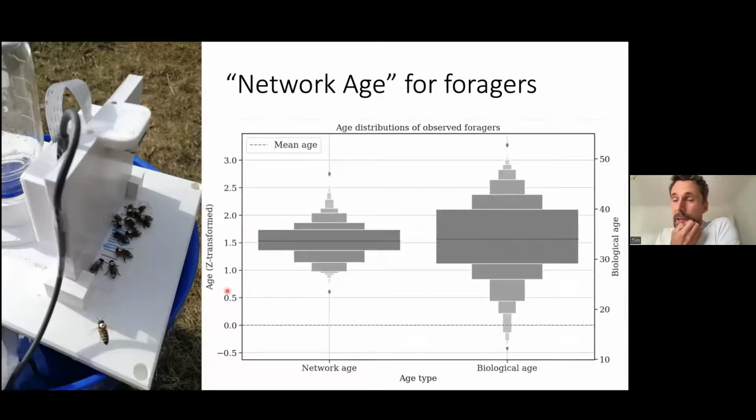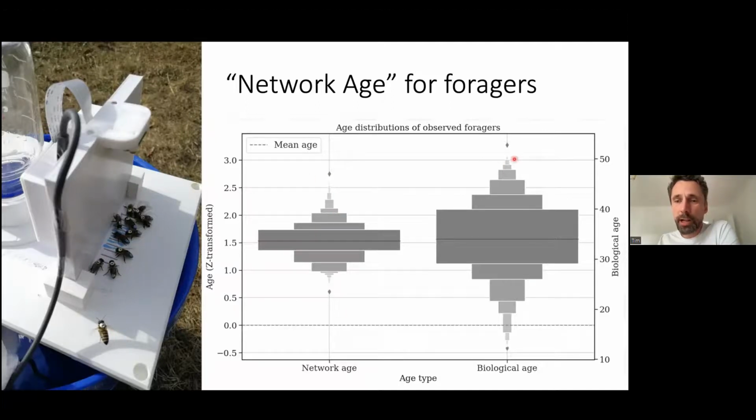And since it's hard to actually know the task of a certain bee for all different tasks that there are, we trained bees to a feeding site, which makes them foragers. So this is easy for them. And we looked at the distribution of network age and their biological age.